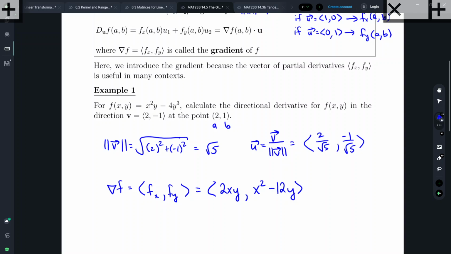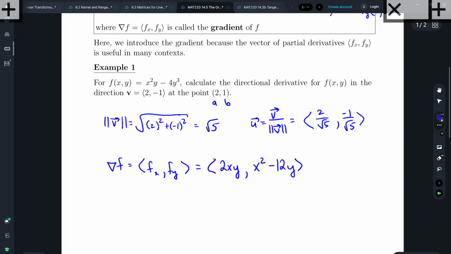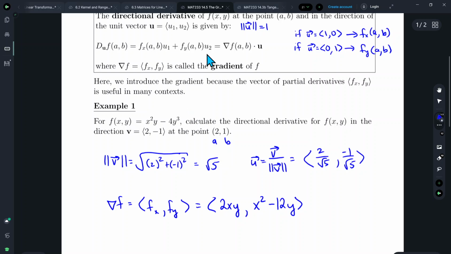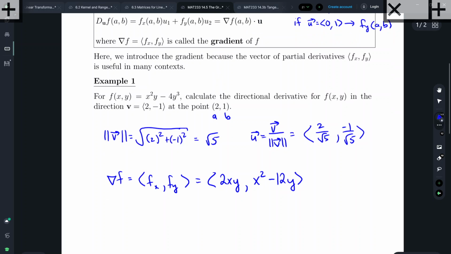Okay, so I have my gradient vector, and so in the calculation here, I need to calculate the gradient at the specific point, so the point 2, 1 in this case. So let's calculate that. So gradient of f, where x is 2, y is 1.